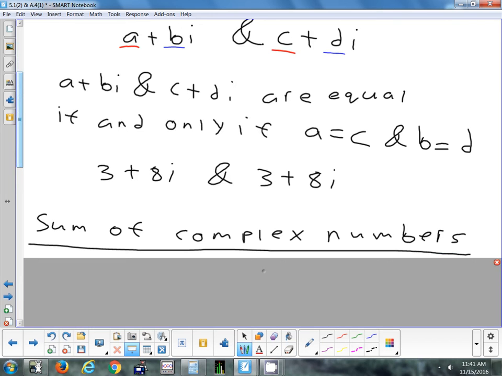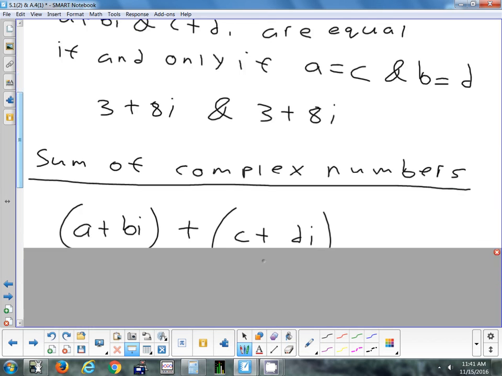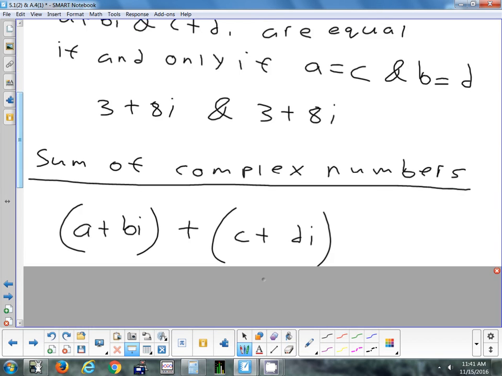The last two things we'll look at for today are how do we add complex numbers and how do we subtract. We'll save multiplying and dividing for tomorrow. Does anybody know how you add complex numbers? If I wanted to add these two together, how do I do it?